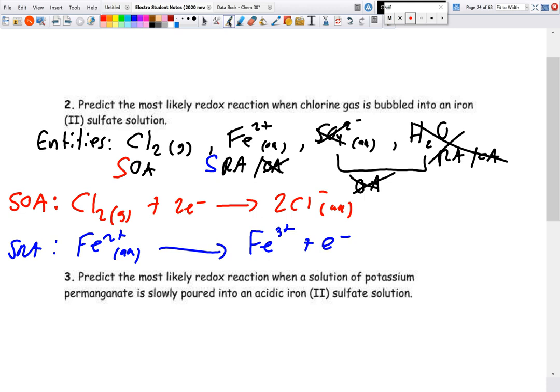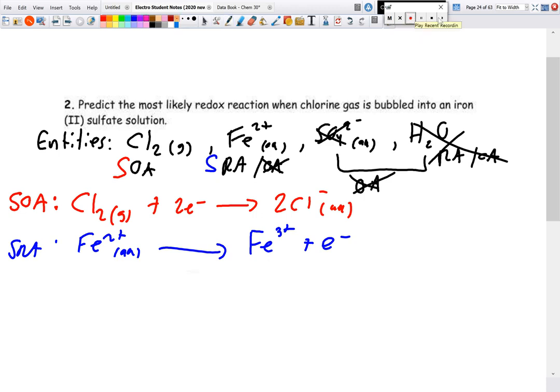Now, for our redox, we have to get our electrons to balance out, so we're going to multiply this equation by 2 to get our new coefficients in front. Our iron 2 plus is going to be a 2, 2, and a 2.